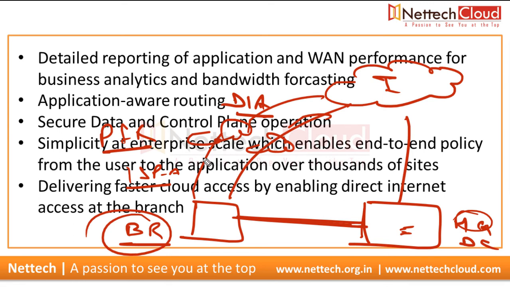If packet loss or delay is more than what we have specified in the service level agreement, then fail over to ISP 2. Even if both are not meeting the service level agreement parameters, then first route packets to the headquarter and then to the internet. Maybe there is some issue in the local loop service provider network, right? It is possible.